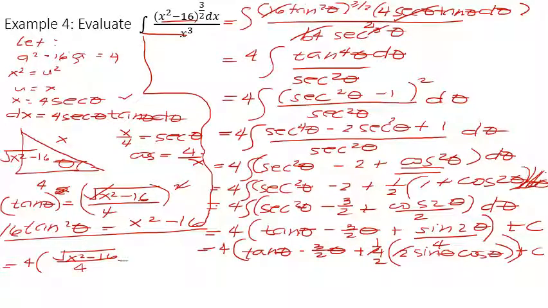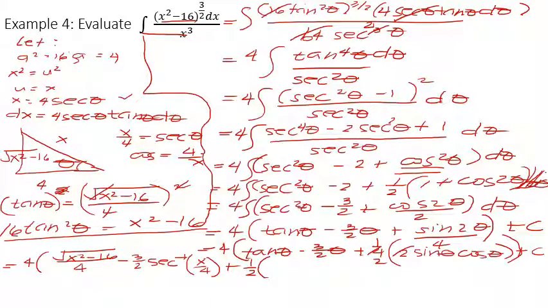And we have 3 halves arcsec. Let us substitute first. Arcsec of theta is arcsec of x over 4. Sorry, that's x over 4. Then we have this one, plus 1 half.